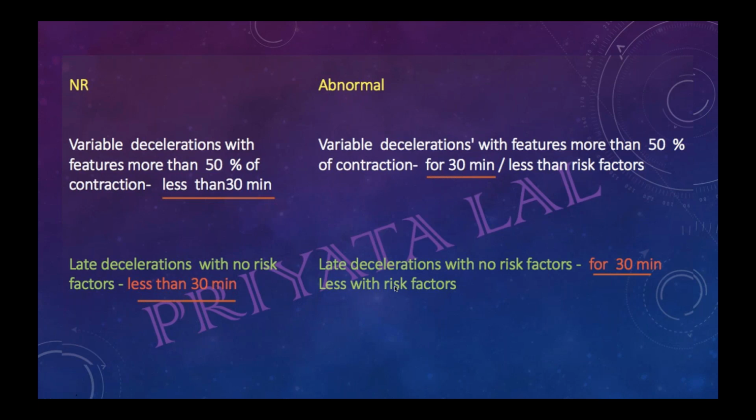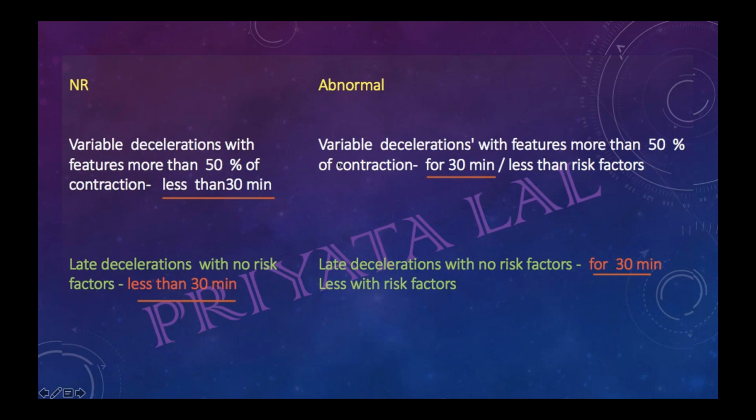Yes, it will be less than 30 minutes if the risk factors are there, like any meconium. That will be important if you are doing the management part of the CTG.